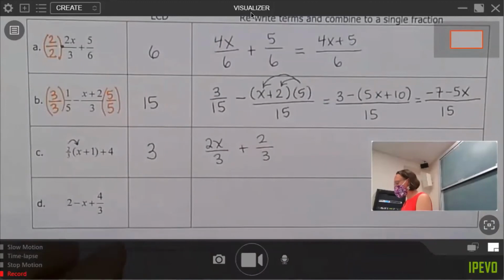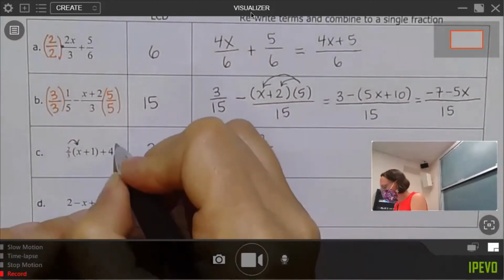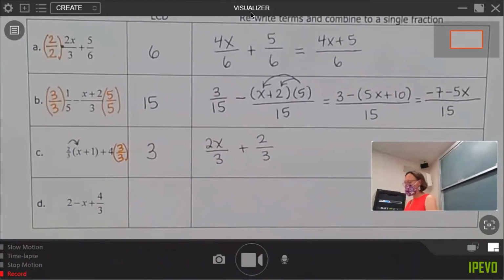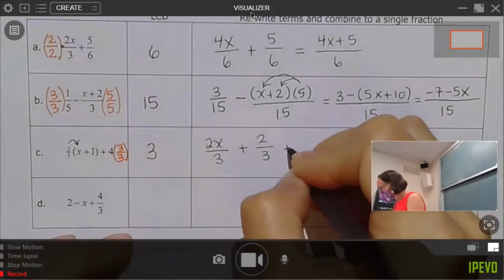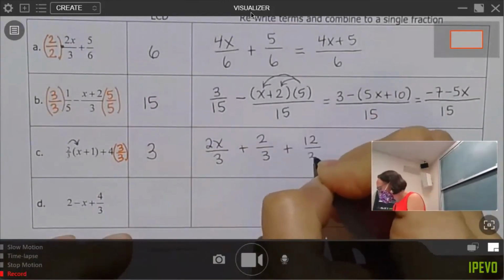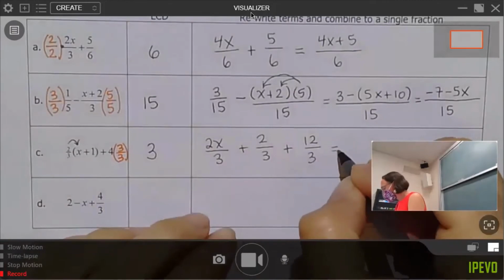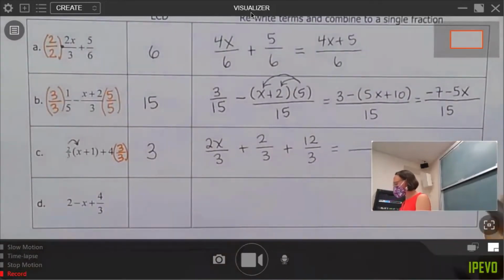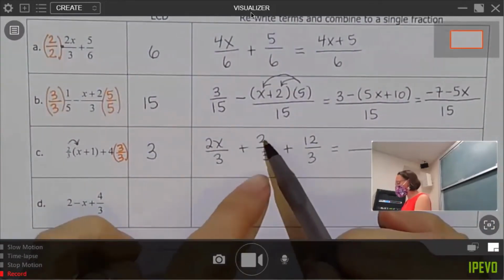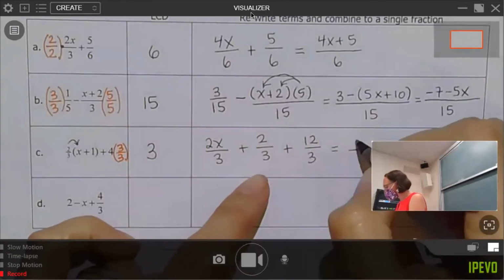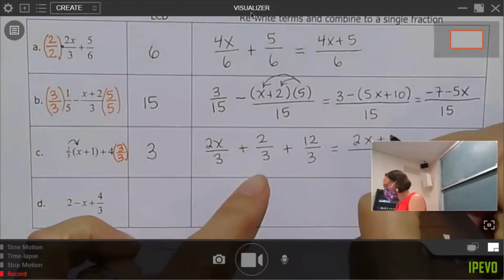And just to make sure everything has a common denominator, I'm going to multiply the 4 by 3 over 3. And I'm looking at 12/3. Now when I pull it all together, I can combine the 2 and the 12, since they're just numbers. I can put those two together and say 2x plus 14.